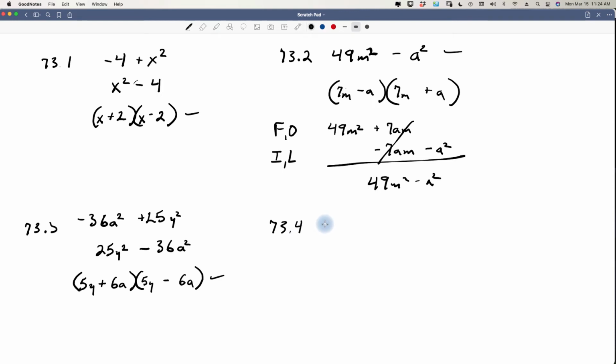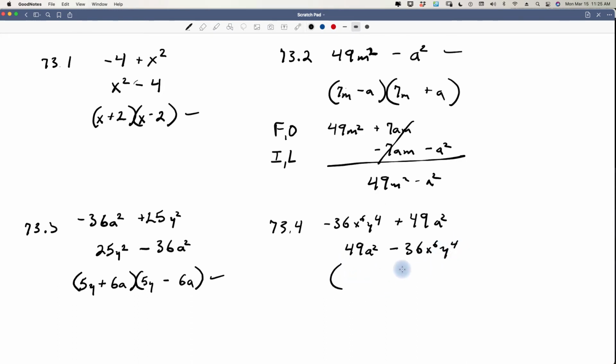All right, 73.4. Last one. We have negative 36x to the 6, y to the 4, plus 49a squared. All right, we can't do it in that order. The negative has to be in the middle. So we rewrite it: 49a squared minus 36x to the 6, y to the 4.